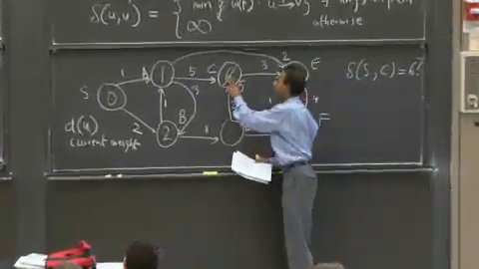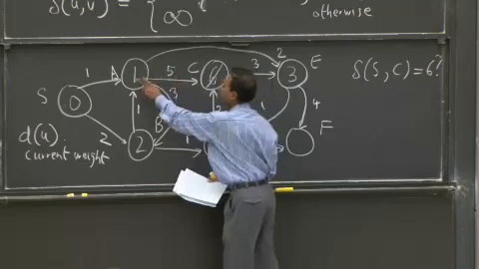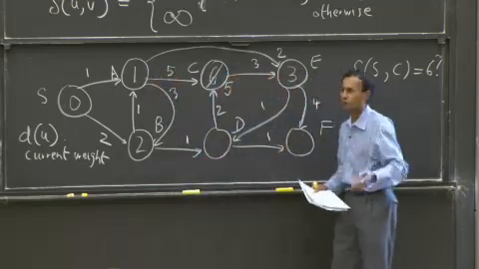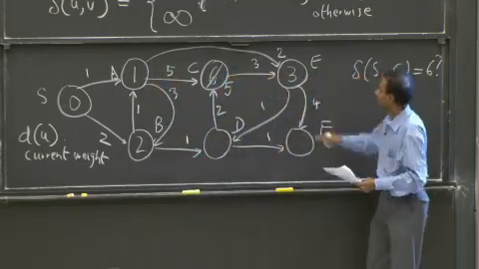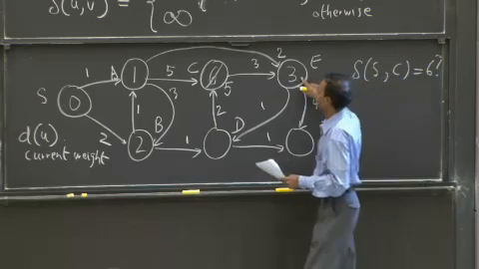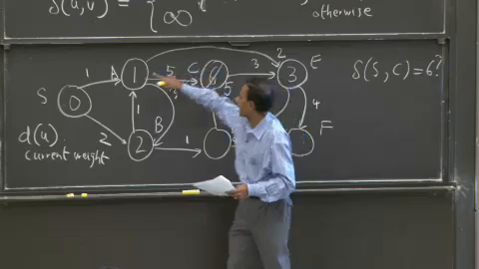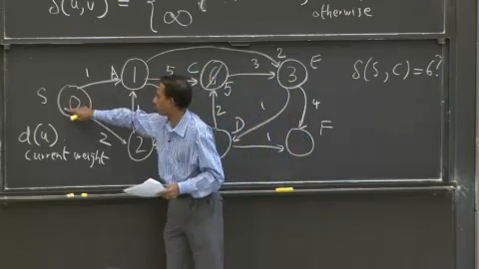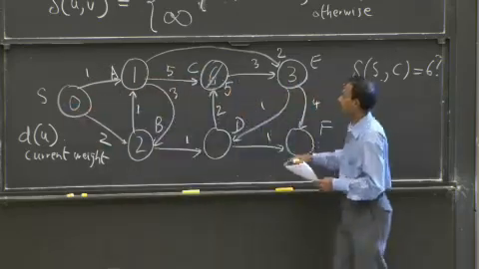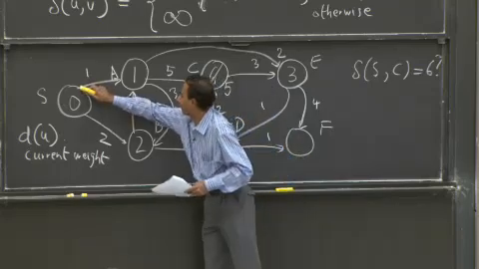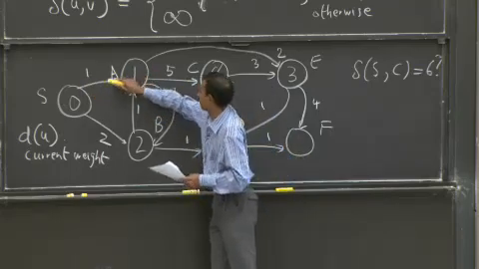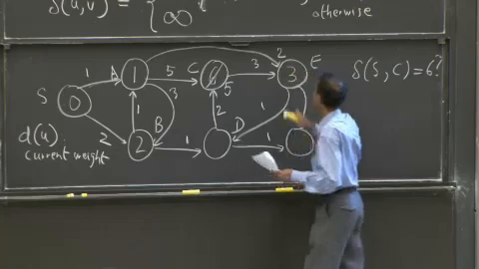I'm going to look at pi of C, and that might point me to A, and so on and so forth. In this particular instance, pi of E is going to, when you're finally done, point to A, and pi of A is going to point to S, all right? Because that's the path that is the best path, like so and like that.